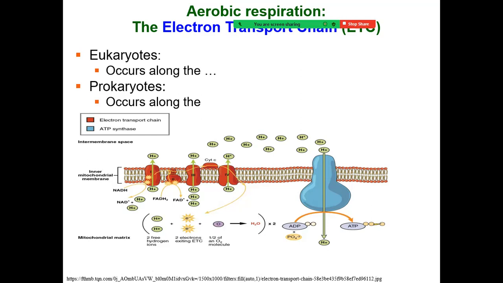And then they move through the chain, and the electron will end up with oxygen. And that is why it's called aerobic respiration, because the final electron acceptor is oxygen. After oxygen, the electrons do not move any further.